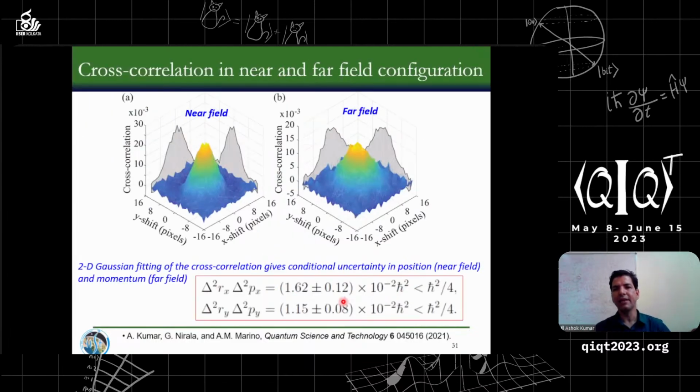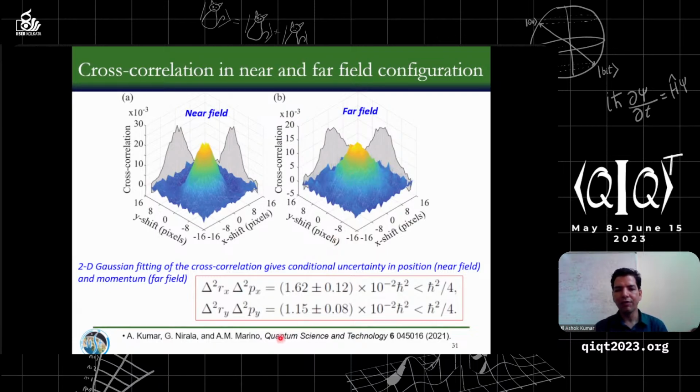As a result, in the near field we could see the correlation, and in the far field we could also see the correlations. Basically, near field correlation gives me the position correlation, basically delta square Rx, and far field correlation gives me the momentum correlation, or basically the width gives me the uncertainty in the momentum distribution of photons.